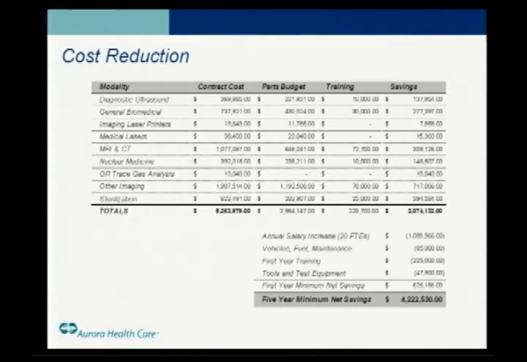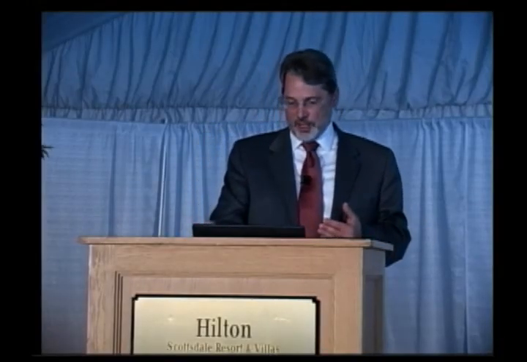The same formula doesn't apply to everything, but in general, if you're doing this kind of analysis and doing it well, you can figure about 60% of your contract cost in parts and time and materials spend. We added to that what our first year training costs would be, and determined that we could deliver a little over $2 million in savings. That didn't take into account the increase in salaries, so we took that amount off.